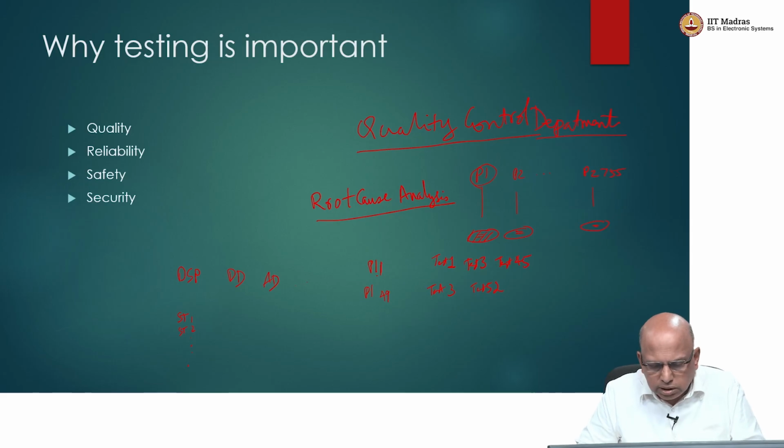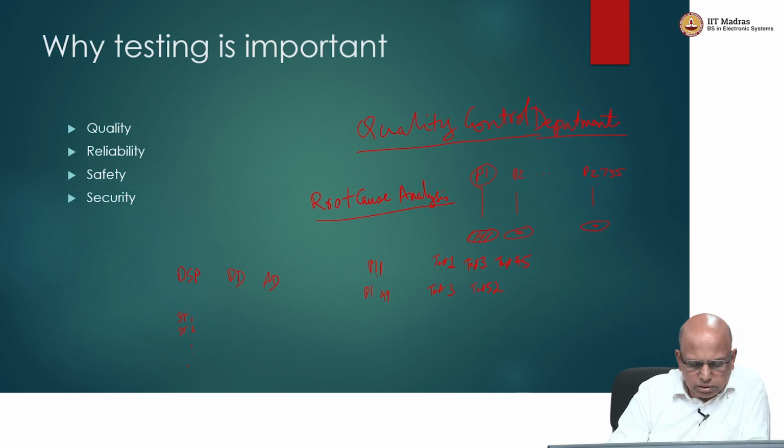There may be a quality control department, or each department may be responsible for its own quality control. There may be a committee, a small team that looks into how many failures are there in DSP, how many in digital design, analog design. And they have to analyze this information and understand what exactly could be wrong.